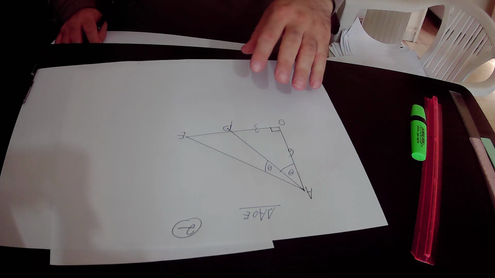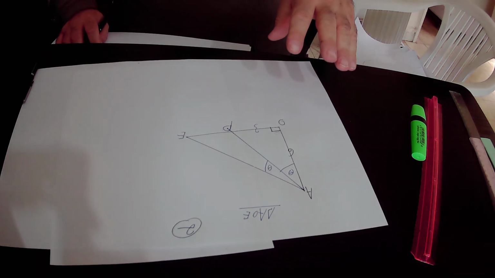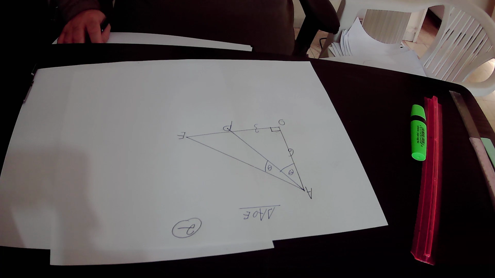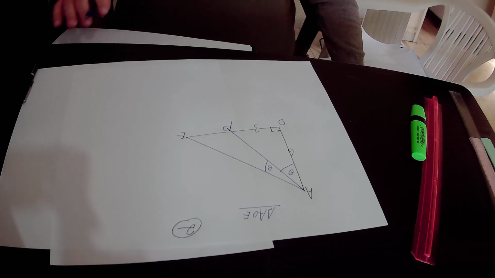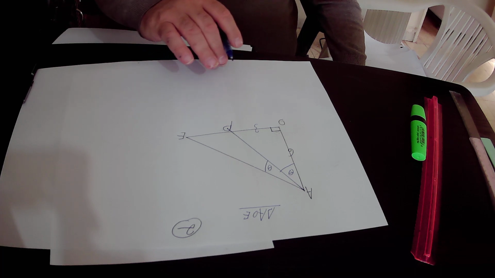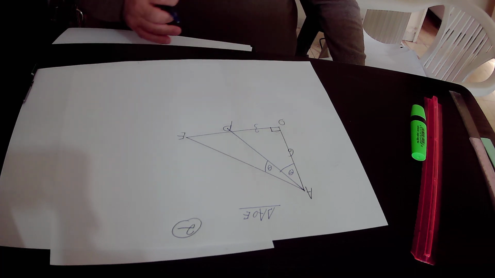So this is the right triangle AOE that I copied from the original drawing. And here AP is the angle bisector of angle OAE.